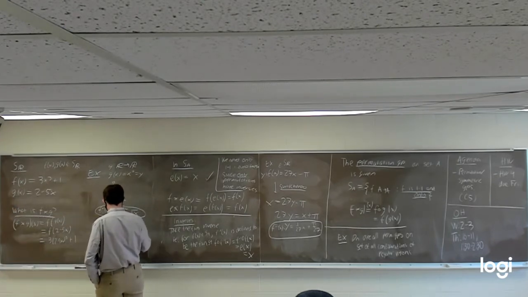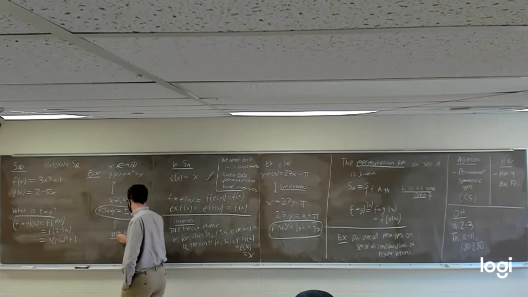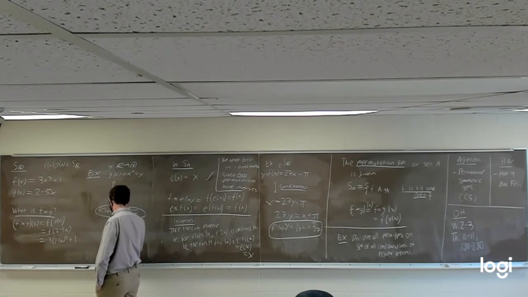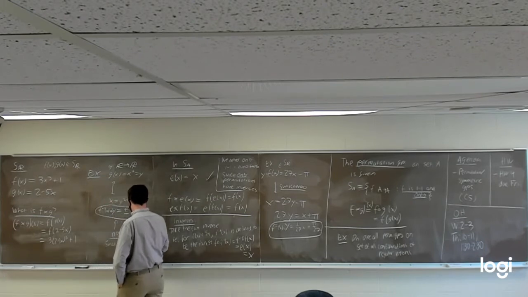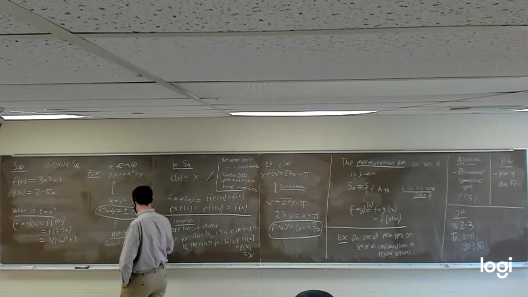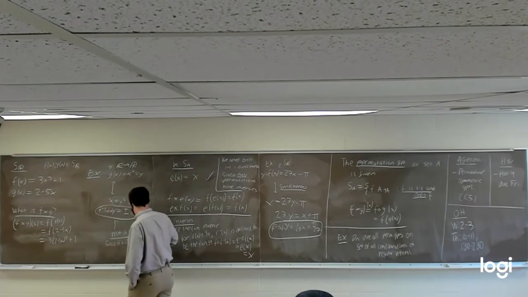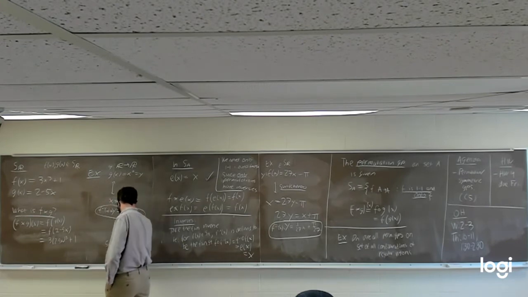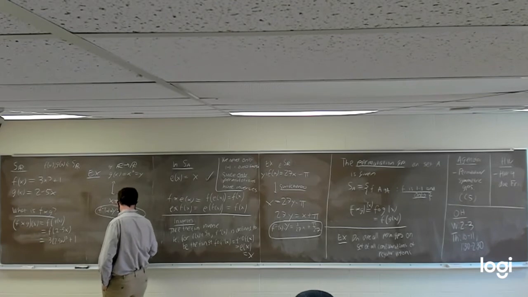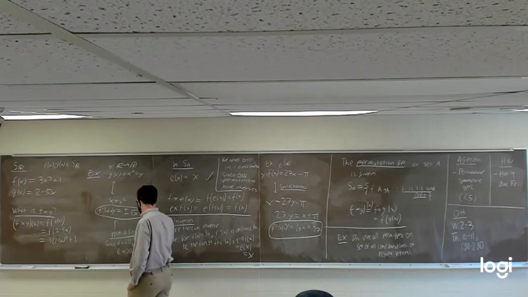This turns out is not a function, since if x is negative, this is undefined. This, let's just say, does not exist. If x is positive, this gives two outputs.